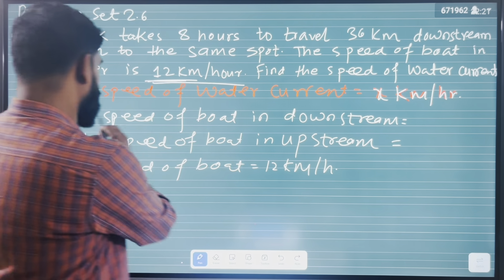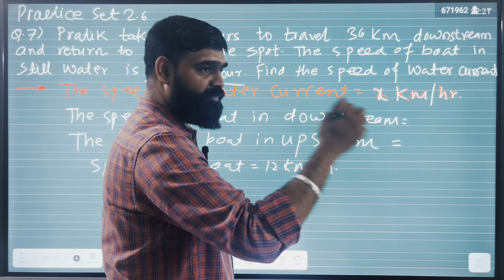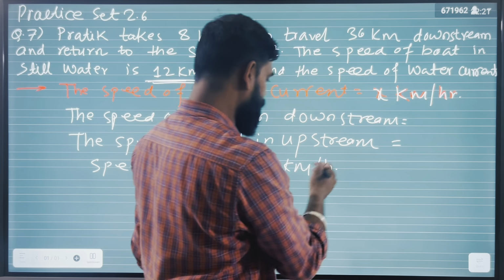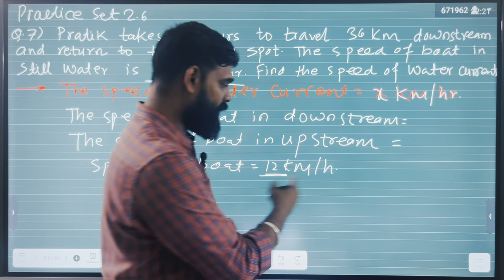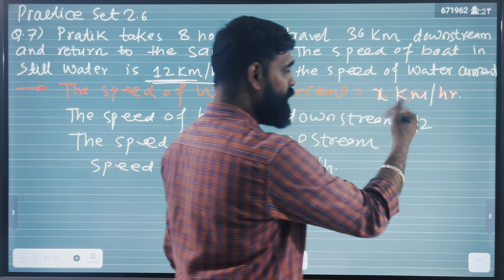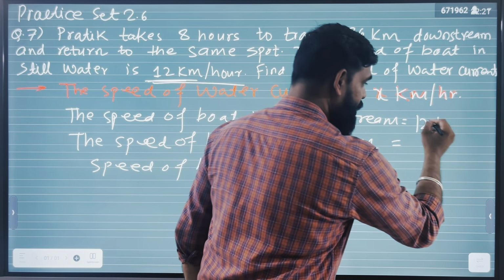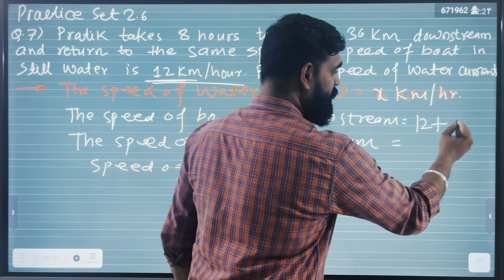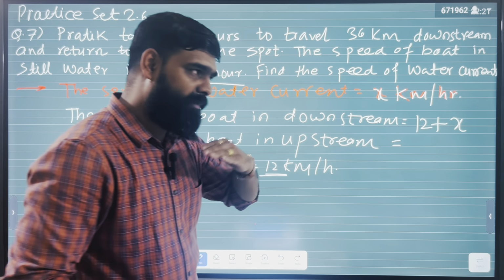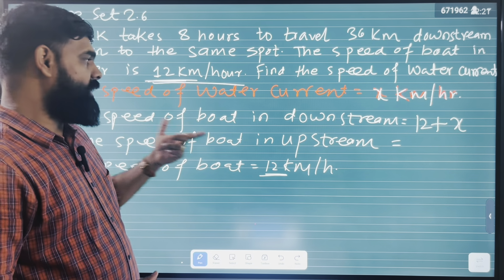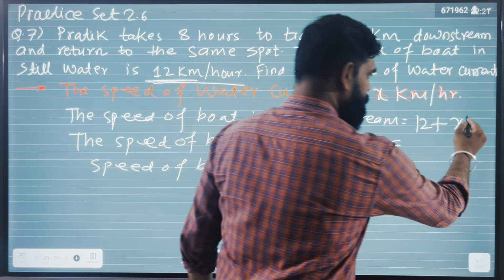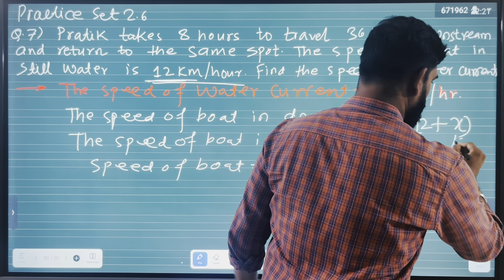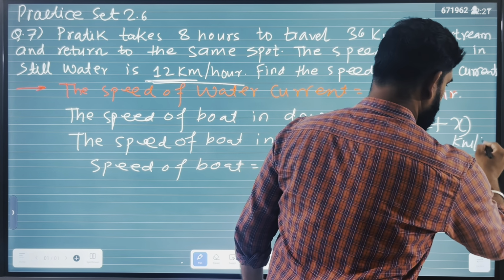So for the speed of boat in downstream, the boat speed is already given as 12, and we have to add this x to the 12, because when we add x with 12, that becomes the speed of the boat while traveling downstream. So this is the speed: 12 plus x kilometer per hour.